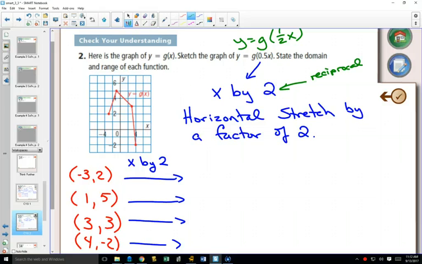So we take whatever number's inside and we flip it. So 1 over 2 becomes 2 over 1. If we had a whole number, let's say it was g of 3x, then 3 is like 3 over 1, and you would multiply x by 1 over 3. So you always take the flip or the reciprocal of that value.